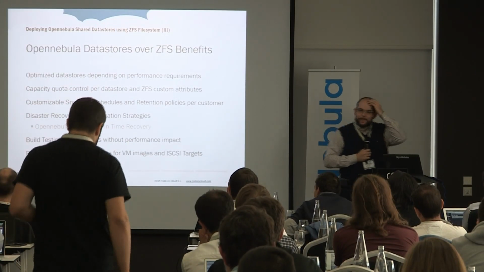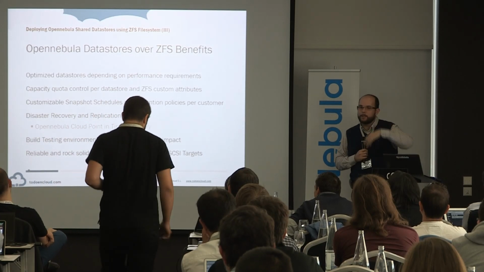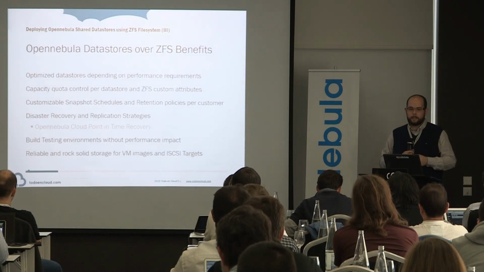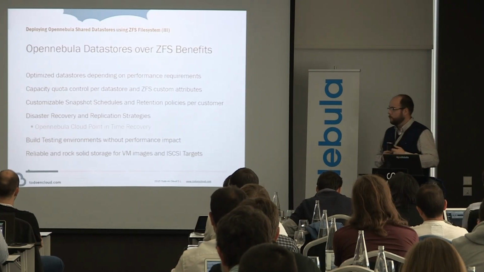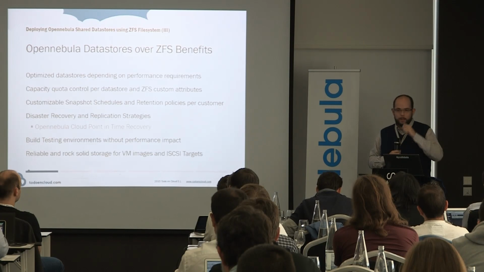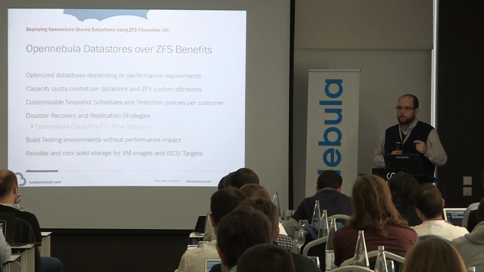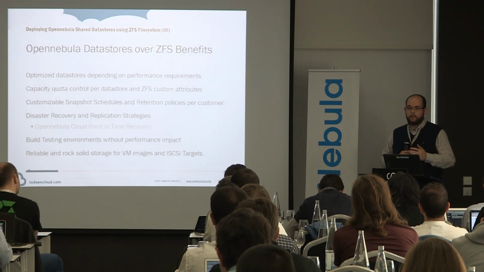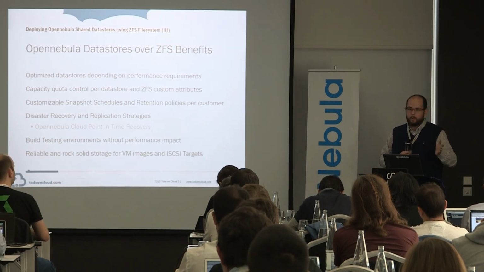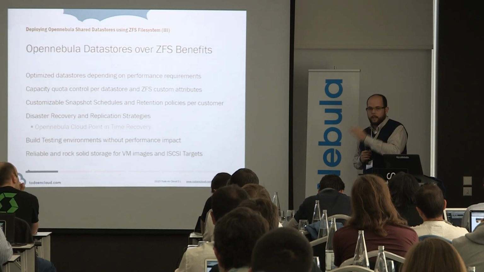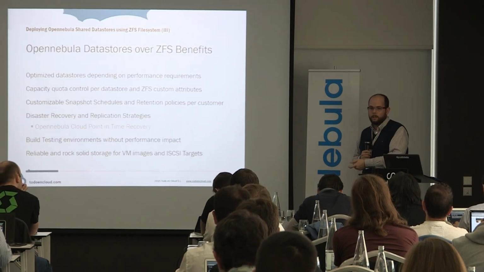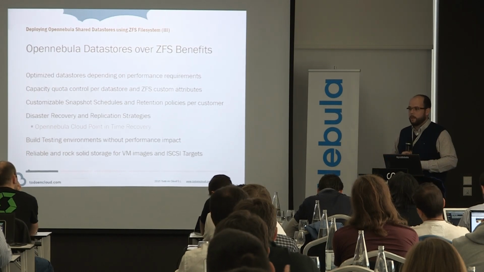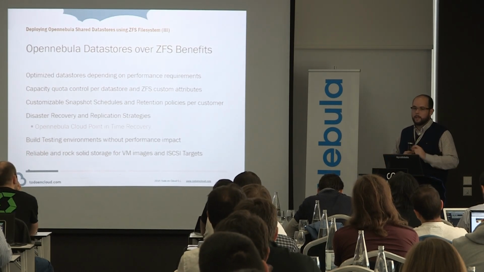This is a way to offer our customers a way to roll back their whole cloud to a specific point in time, which is very important for us because sometimes we offer our customers a way to snapshot every hour automatically their clouds, and the possibility to roll back to a very specific time to dump a database, a logical database. We have tested this in Postgres without row corruption, without file system corruption.